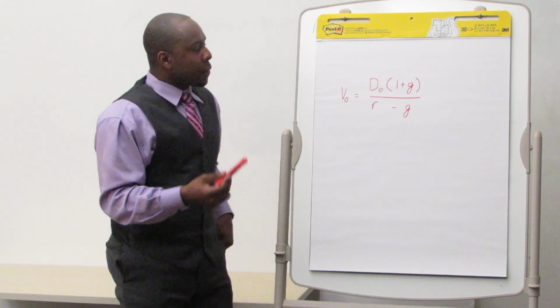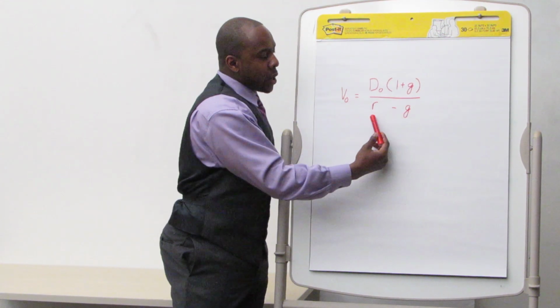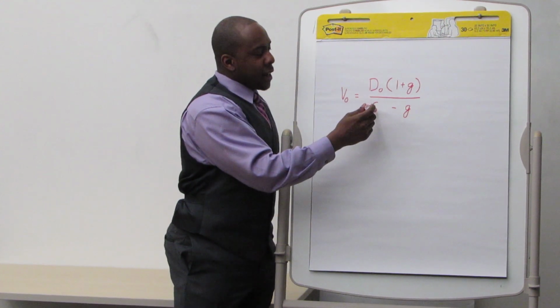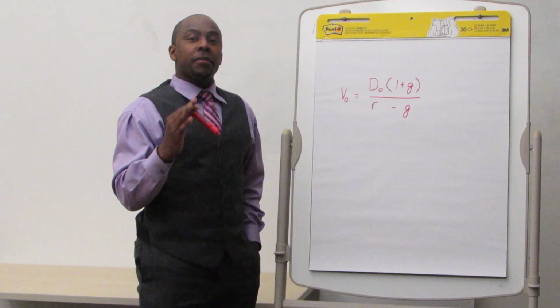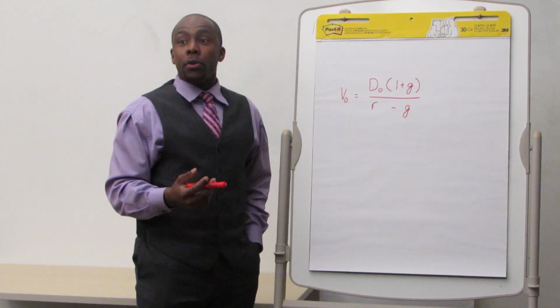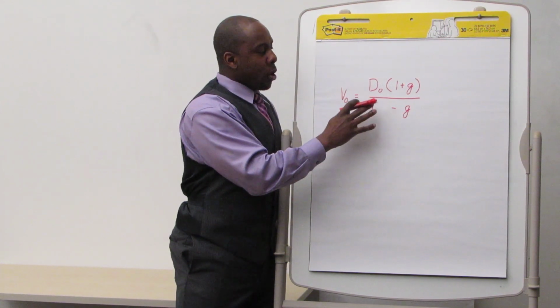Finally, probably the most important part of this formula is going to be these two inputs here. A small change in this denominator will have a very, very, very big impact on the output of the value. So you really want to make sure you're conservative with your assumptions.